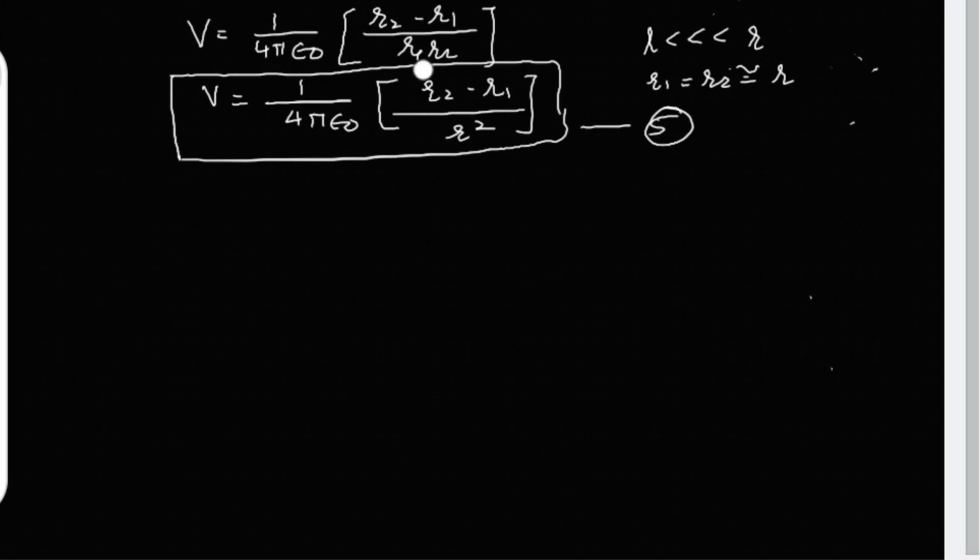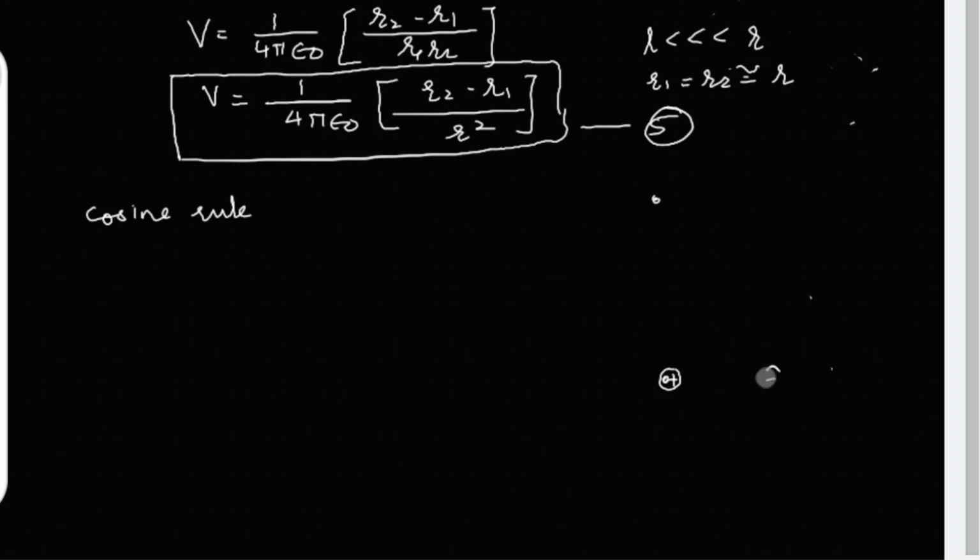Okay, fine. Now I want to find this equation. I don't know what is the value of R2 and what is the value of R1. R2 minus R1 I am going to find. For that I am using the cosine rule. So now again I'll consider the diagram so that I'm not going to the previous page again.